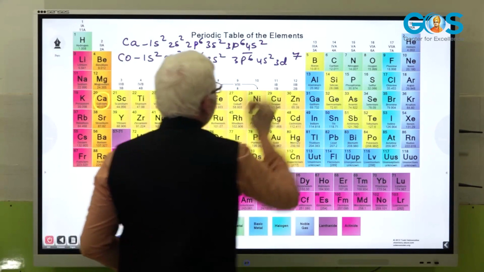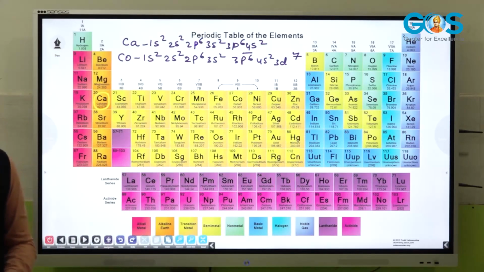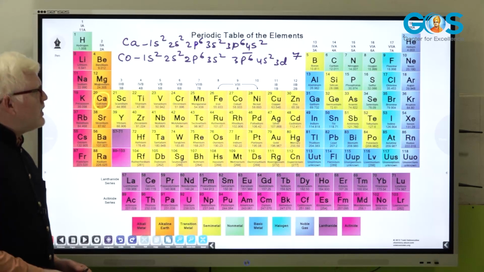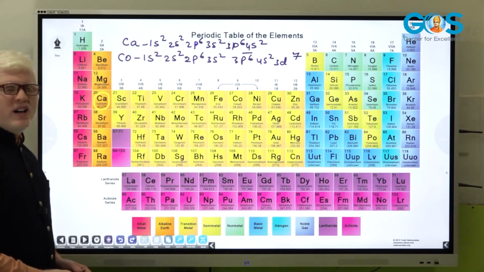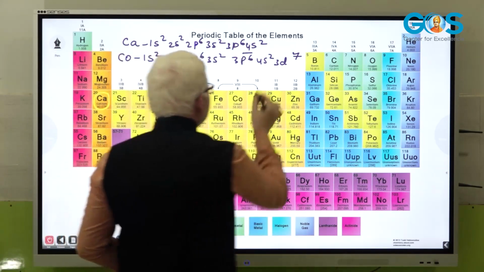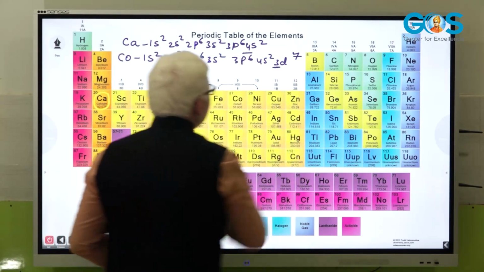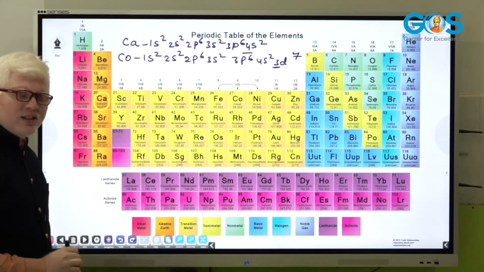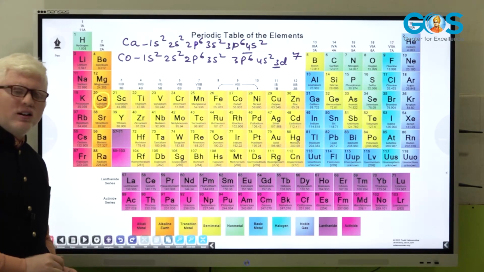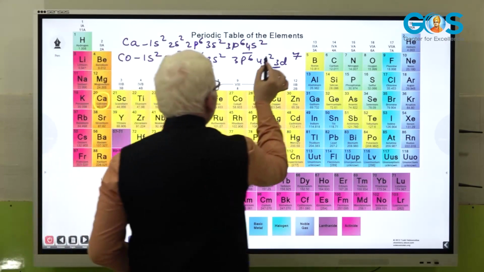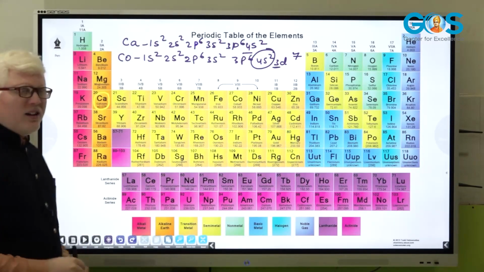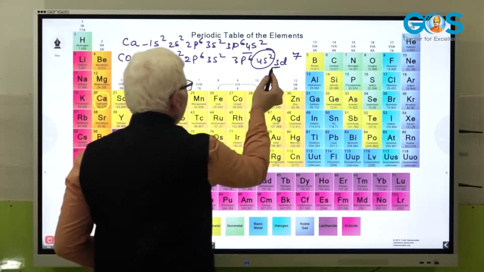This is the electronic configuration of cobalt. Observe in which orbit the 27th electron is entering. Yes, the 27th electron is entering the 3rd orbit. But which is the highest orbit in cobalt? The 4th orbit is the highest orbit in cobalt, but the last electron is entering the 3rd orbit.